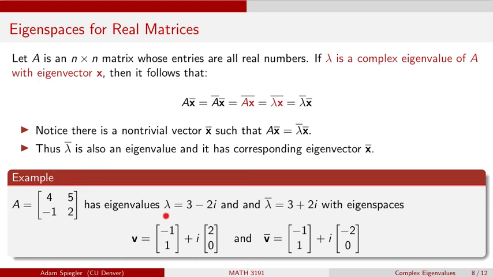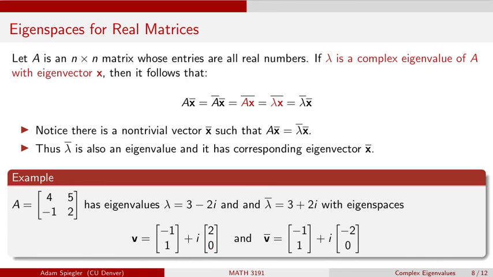So I could take the eigenvalue lambda is 3 minus 2i, and find a basis for that eigenspace, which in this case, one such basis happened to be the vector v, which has real part -1, 1, plus i times imaginary part 2, 0. And if I want to find the eigenspace for the other eigenvalue, which is the conjugate 3 plus 2i, I just need to conjugate this basis.